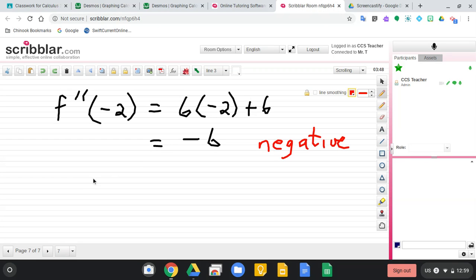So going back here, we had a critical point at minus 2, 4, and it's going to be a maximum because when I substituted into the second derivative, I got a negative answer.